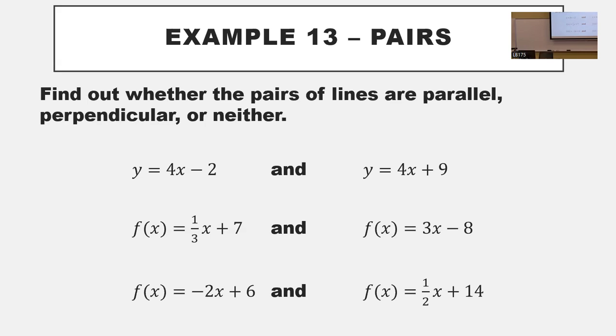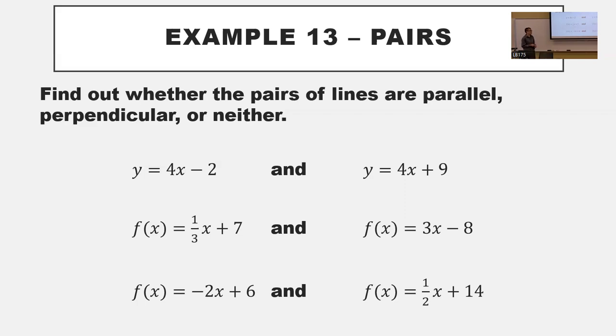Since the slopes are the same, the two lines in the first pair are parallel to each other. That's a more accurate way of saying it. How about the second pair? Parallel, perpendicular, or neither? Neither.